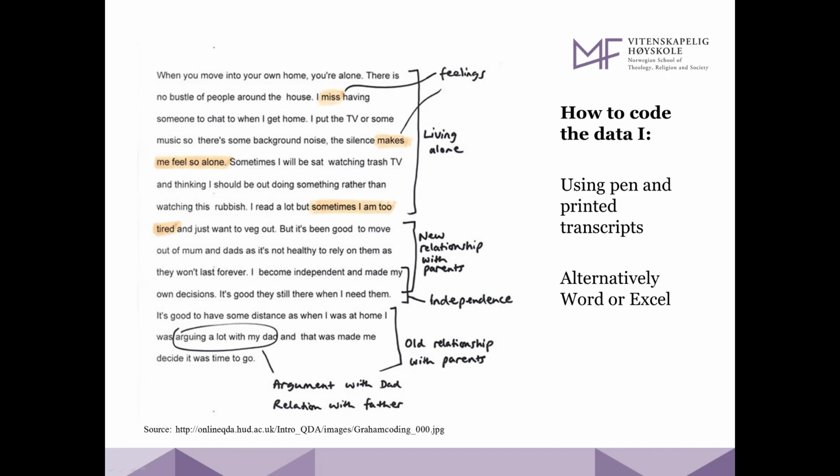And maybe I would see it in a later interview and then go back to this interview and look for feelings in this interview. And maybe feelings would be central to my analysis in the end, even if it wasn't in the beginning.